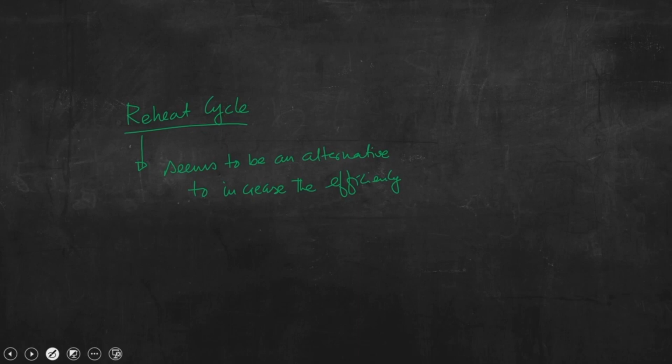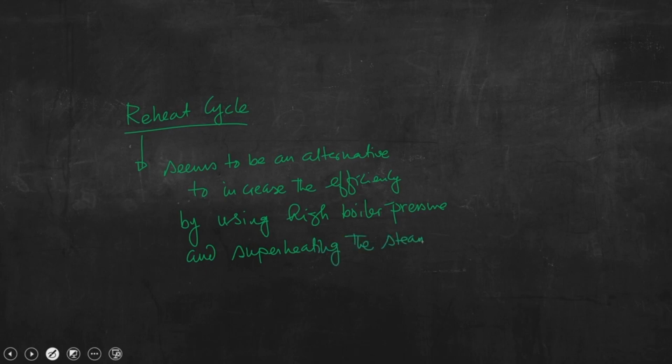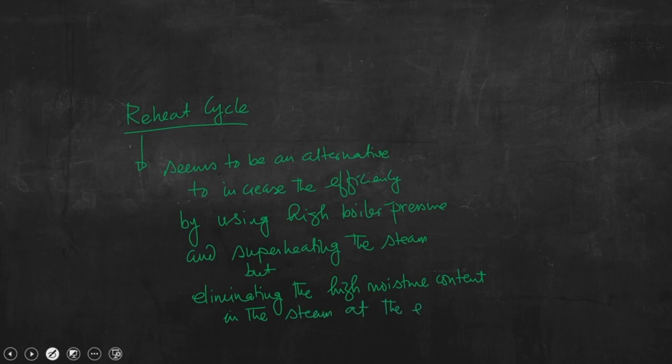So, it seems to be an alternative to increase the efficiency by using high boiler pressure and superheating the steam, while eliminating the high moisture content in the steam at the exit of the turbine.